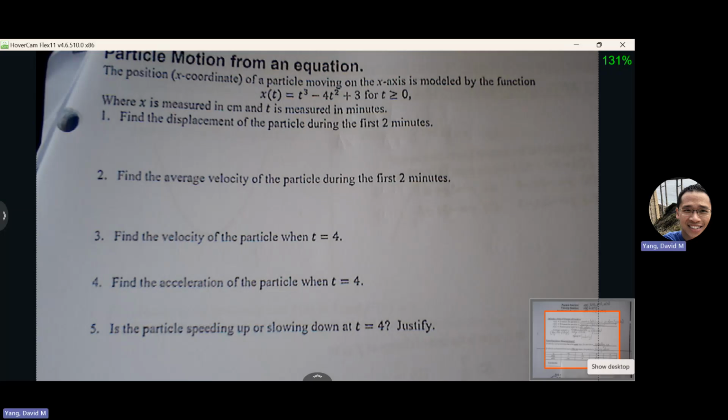Find the displacement of the particle during the first 2 minutes. So, displacement is just change in position over change in time. So find x of 2, find x of 0, and then you're just going to subtract.